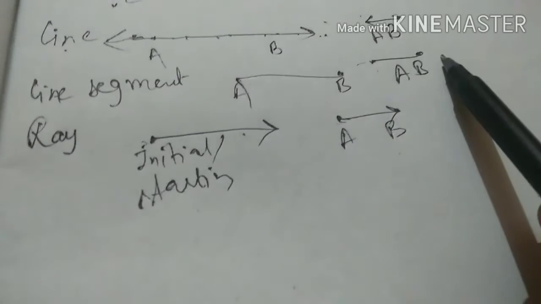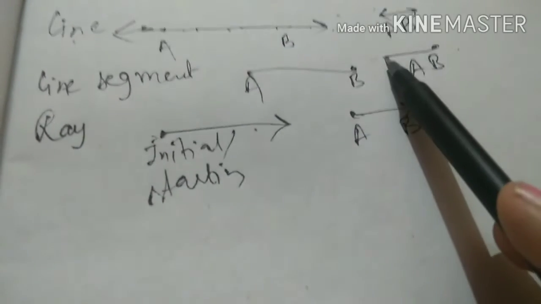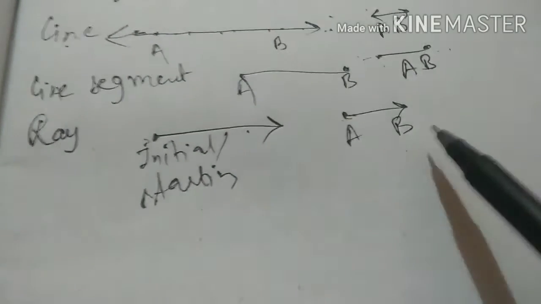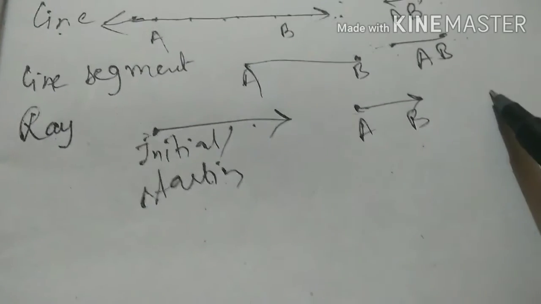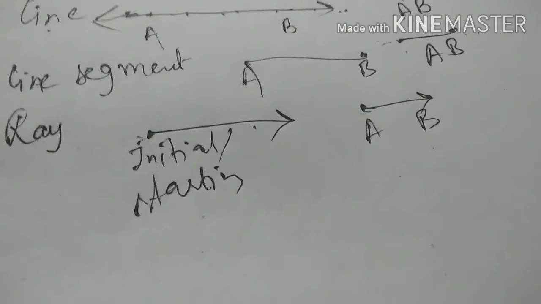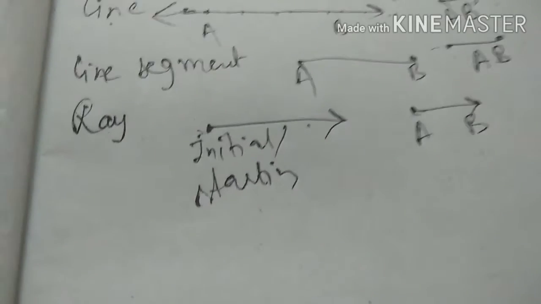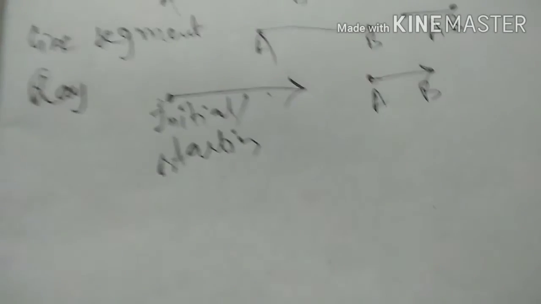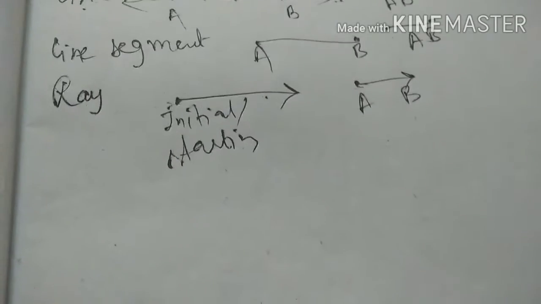For a line segment, there are two points: one is the initial point, the other is the ending point. For a ray, one is the initial point, and the other end has no endpoint. It can extend to any length, it can go infinite. Infinite means we don't know how much we can extend it.